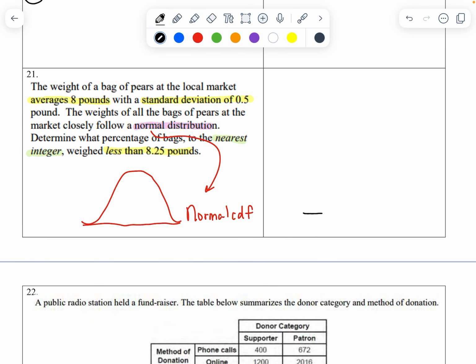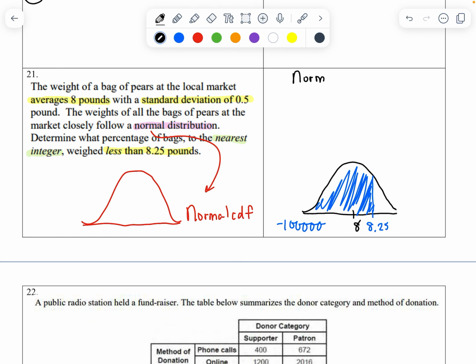So let's draw this first so we kind of know what we're dealing with. We have a mean of 8, and we are looking for less than 8.25. So I'm looking for all of this, and if I don't have a number to the left, I'm going to use a really small number, which is a negative.